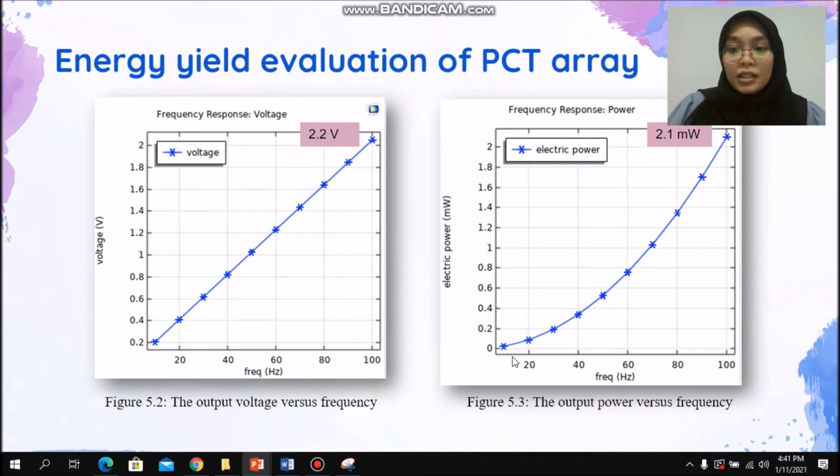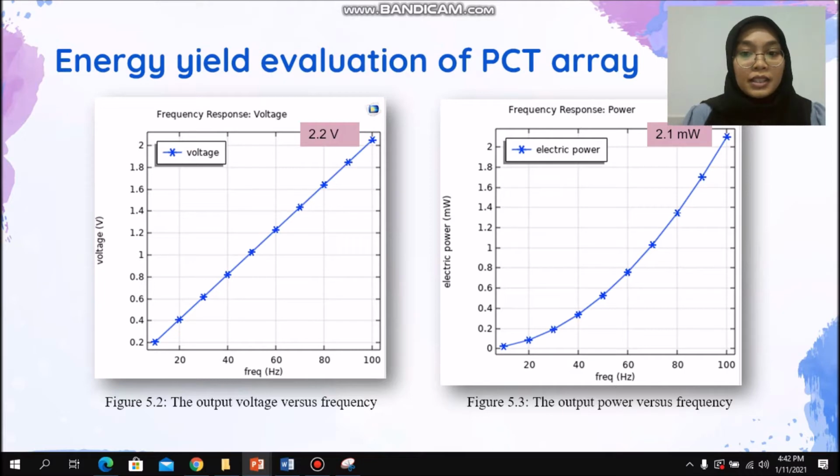This result shows that the frequency significantly affects the electrical energy generated from the PCT model. This result is aligned with recent studies by Jiang, which indicated that the maximum power that can be harvested is proportional to the input frequency.